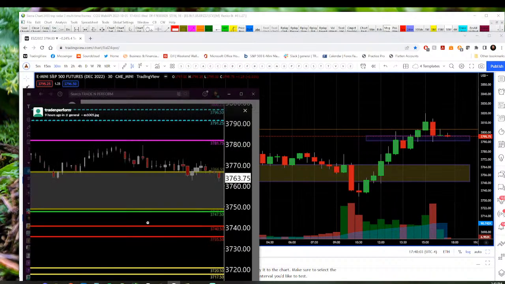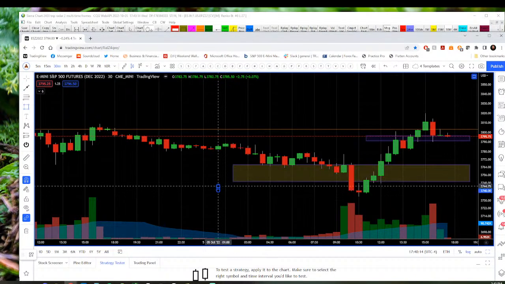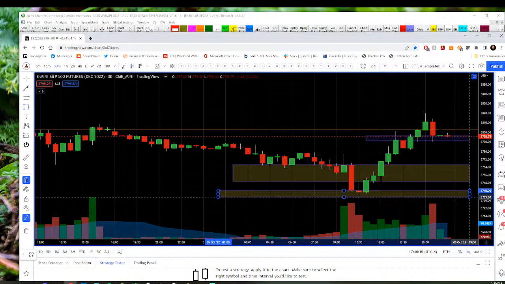Then we have, let's see, 40.50 to 35.50. 40 to 35.50. So that's red.